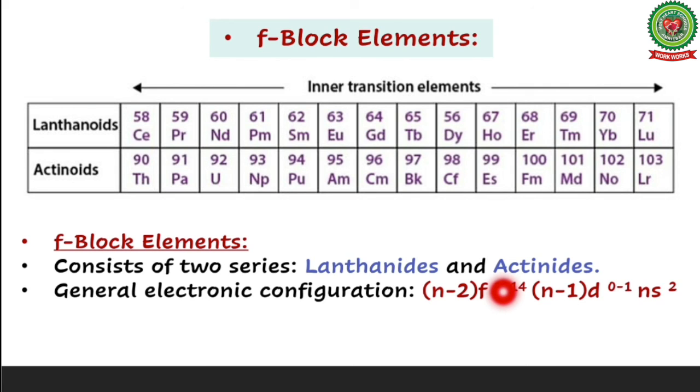Each orbital has 2 electrons, so a total of 14 electrons can be accommodated, (n-1)d0 to 1 and ns2. So this is the general electronic configuration of F block elements. With the help of this, we can write their electronic configuration as well. The atomic numbers are given at the top.